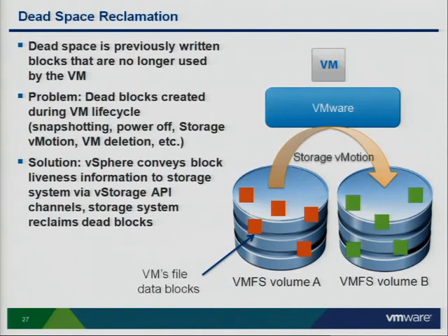Or let me rephrase, the physical extents that are backing those blocks can actually be repurposed to do something better, something more useful. And so we have a new primitive in this API set, which will actually convey block liveness information from the hypervisor to the disk array, such that it can reclaim the blocks in red.